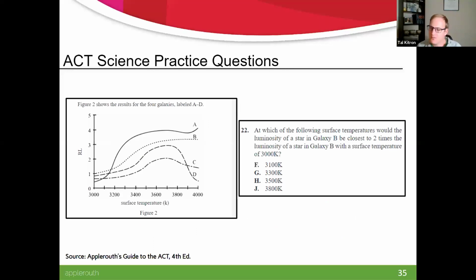Here's a practice question. Spend 30 seconds or so looking here at what they're asking and where this point would be.